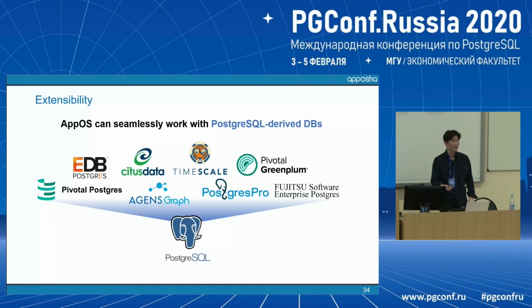For Citus and Timescale, you don't need to do anything further because those databases are also implemented as extensions. But for example, to run with EDB Advanced Server, we need to recompile against the EDB header files and libraries because it's a fork, not fully compatible with open source PostgreSQL, right?